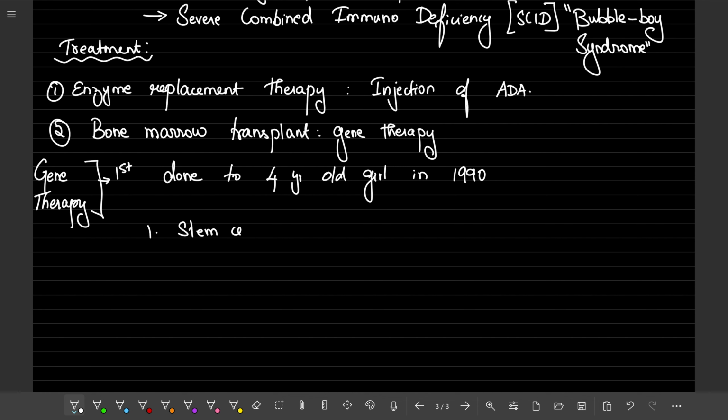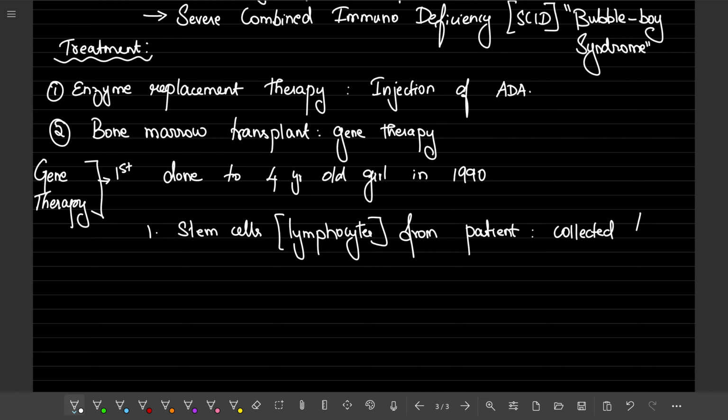So how is this done? This is a very simple step. First, stem cells, which is basically just immature lymphocytes, from the patient who is suffering from this disease. Where are these collected? From their bone marrow.